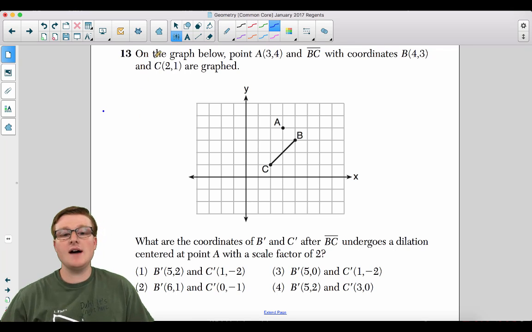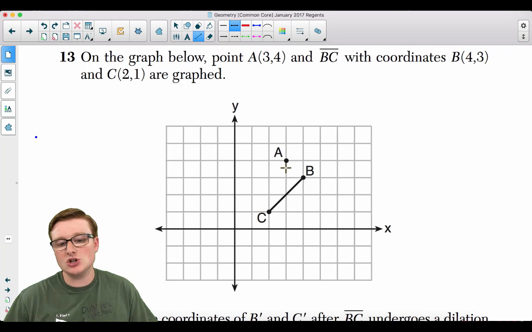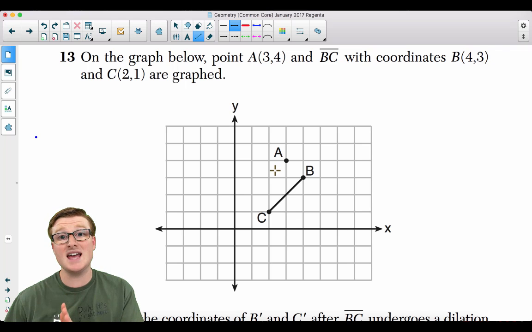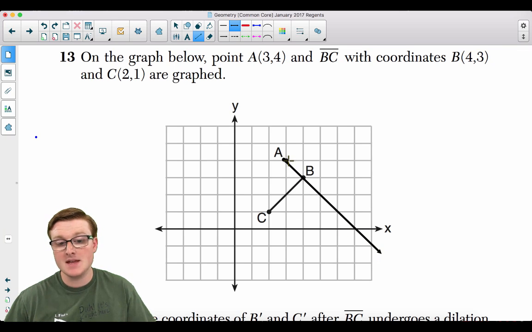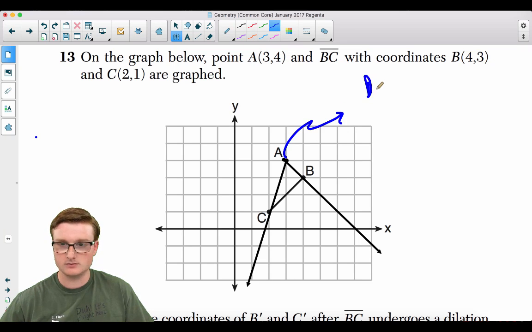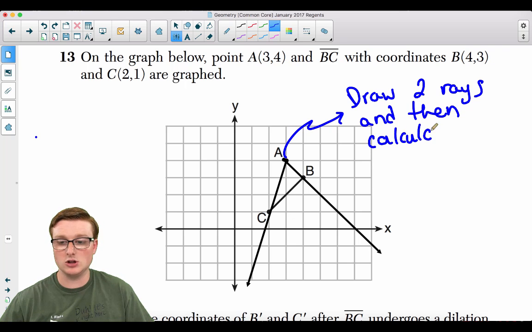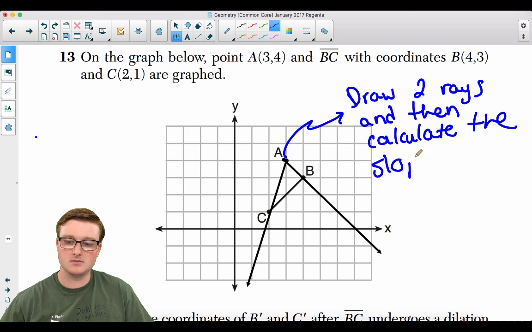Okay, so what you have to do first, and this is kind of a tricky question, is draw two rays from point A, passing through point B and passing through point C. You have to draw two rays and then calculate the slope of each ray.